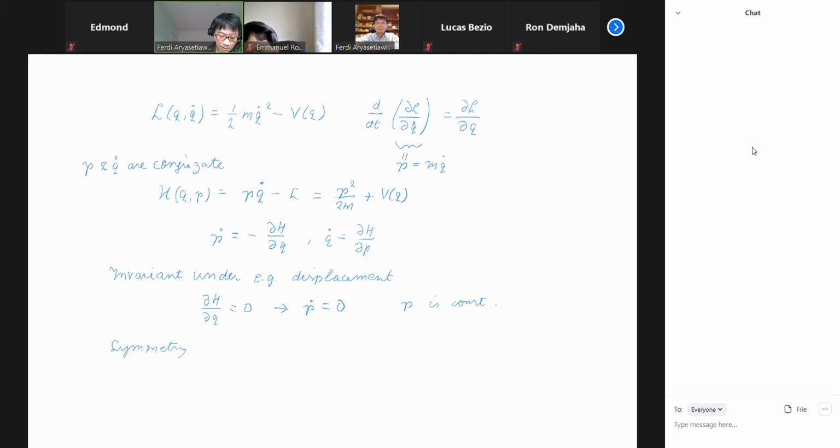Such continuous symmetry, not discrete, usually implies conserved quantities. So in this example of translational symmetry, the conserved quantity is the momentum. This is a general theorem due to Noether, a remarkable woman.